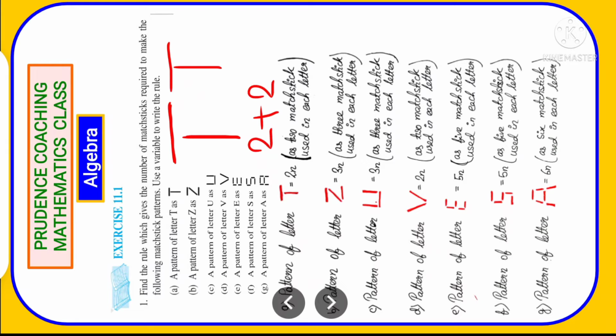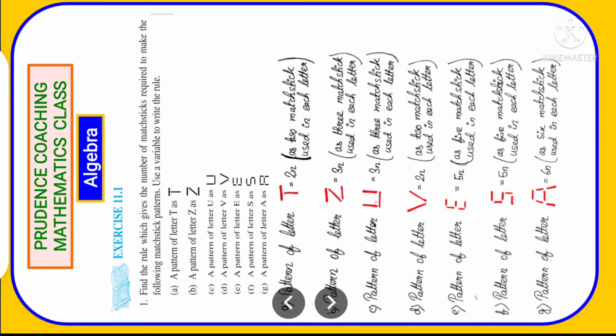Again, if I say that I am making 3 T's, then how many matchsticks will I need? We will need 1, 2, 3 matchsticks. Now if we add this 3, we will get 6, or if we multiply 2 into 3, we will get 6. So this is the number of matchsticks, and this 3 is the number of times or frequency of T appearing here.